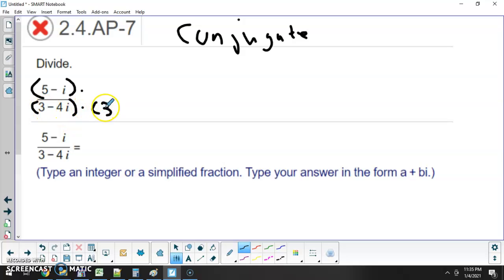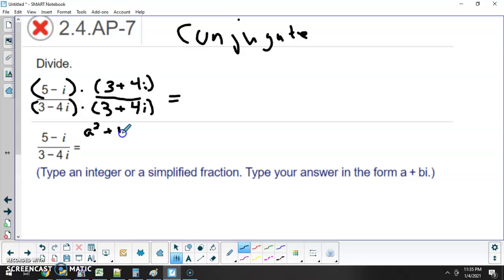Well, you keep the real part the same, but you change the sign on the imaginary part, and that will cause the imaginary part to get eliminated when you do multiplication or foiling, okay? All right, so you're going to multiply the top and bottom by the same thing, so you're essentially multiplying by 1 here.